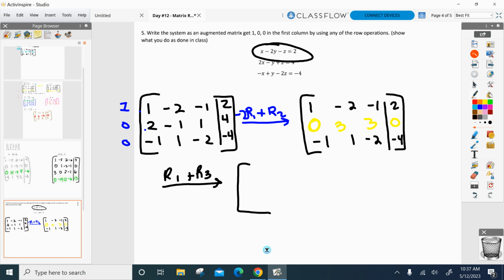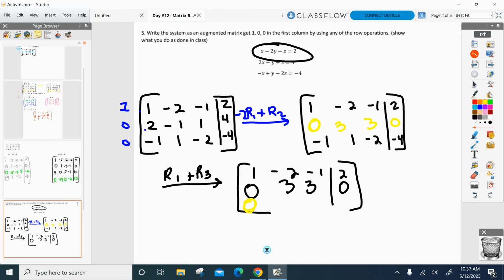All right, here we go. Final matrix. I get that 0 that I needed. And what about the rest of the row 3?